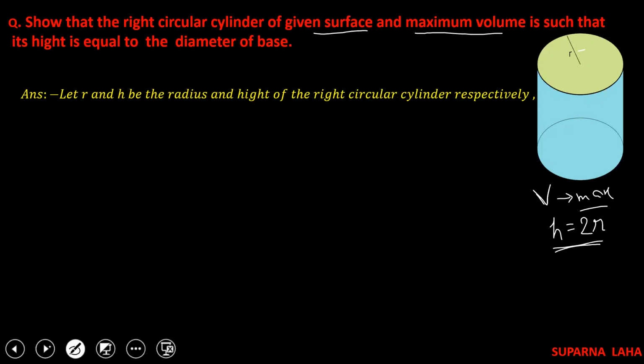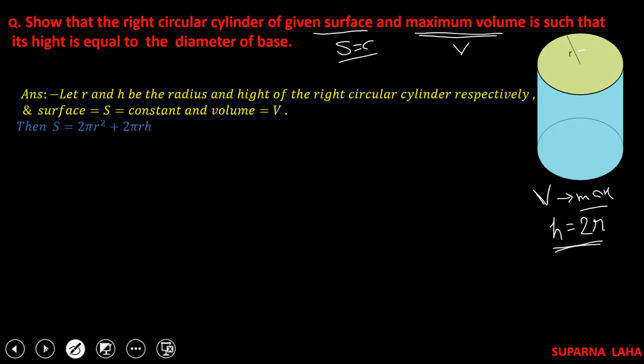So write it down. For the right circular cylinder, r is the radius and h is the height. We need to maximize the volume V, and the surface is given constant. Write it down. So what is the surface? Surface is given by 2 pi r squared plus 2 pi r h.